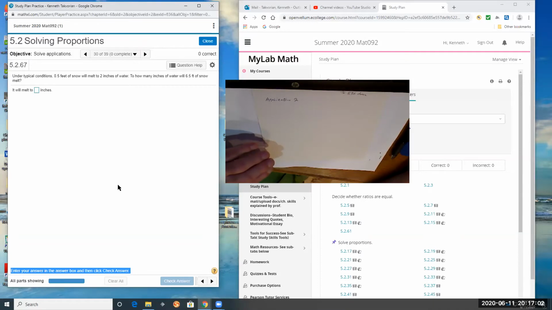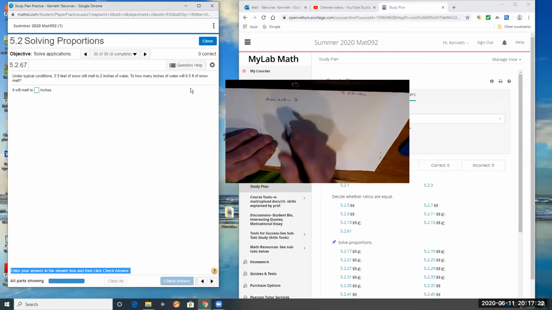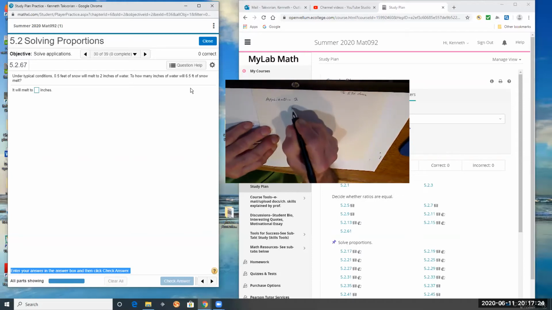The next problem is a typical winter snow condition. 0.5 feet of snow gives us 2 inches of water. How many inches of water would there be in 6.5 feet of snow? Let's use our mathematical knowledge, proportion solving, to do this problem rather than guesstimating. So we're told that 0.5 feet of snow is equivalent to 2 inches of water.